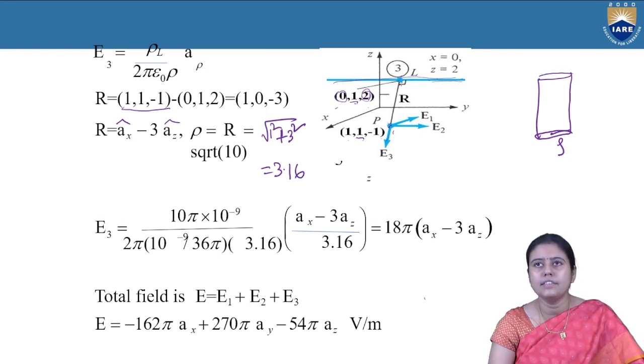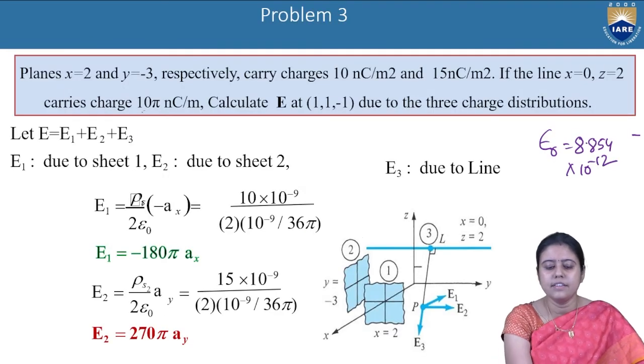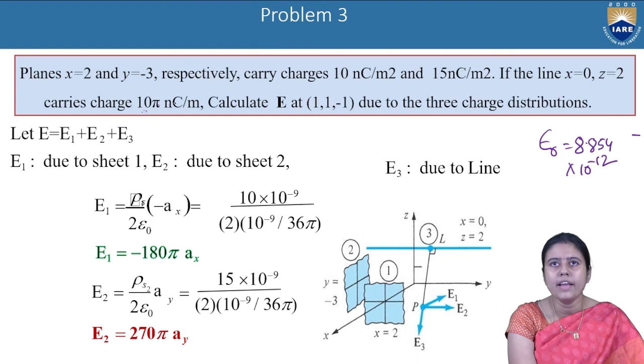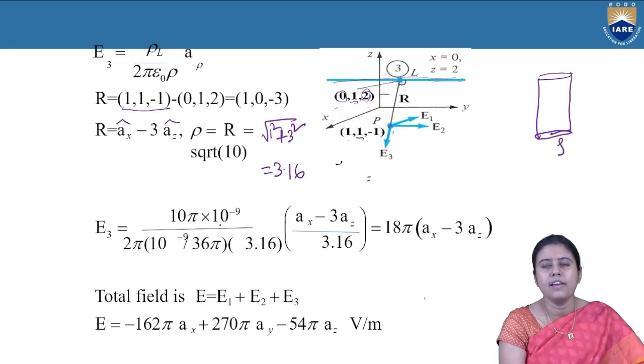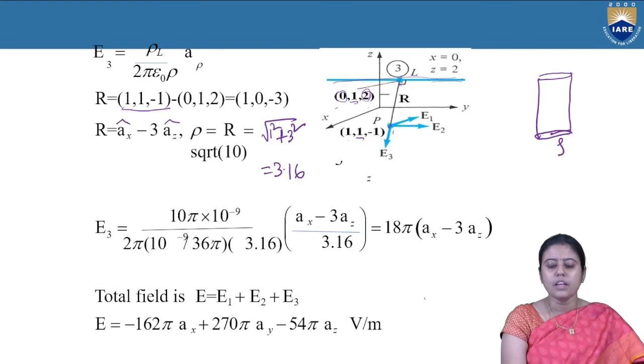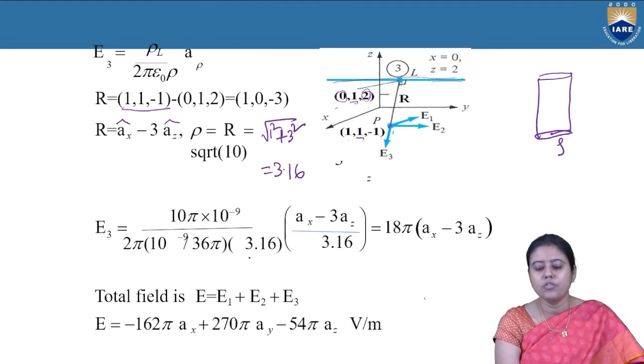What is the value of rho L? The line charge density is given in the previous slide as 10 pi nanocoulomb, which means 10 pi into 10 to the power minus 9, divided by 2 pi epsilon, whose value we know, into square root of 10, which is 3.16.